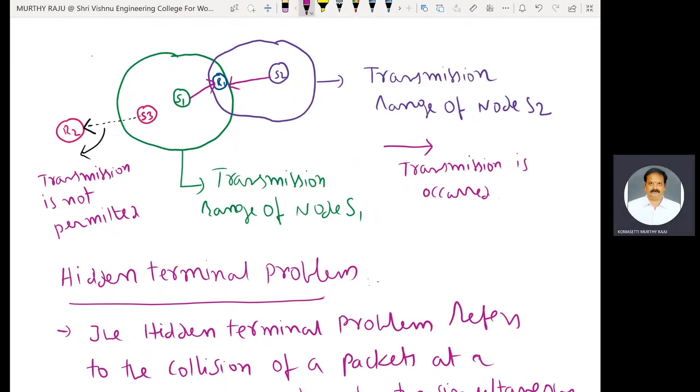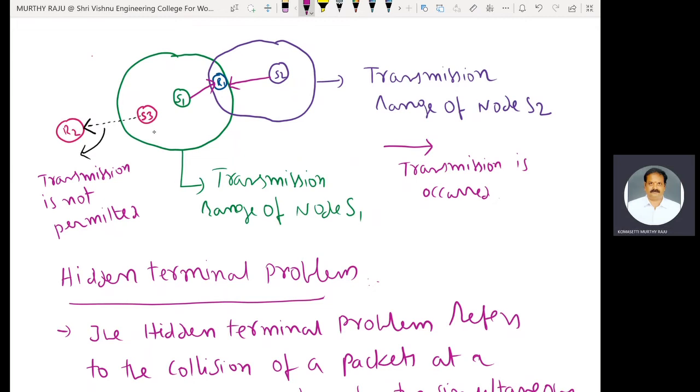S3 is blocked. The exposed terminal problem refers to the inability of a node which is blocked due to transmission by a nearby transmitting node to transmit to another node. The nearby transmitting node is S1, which transmits information to R1.